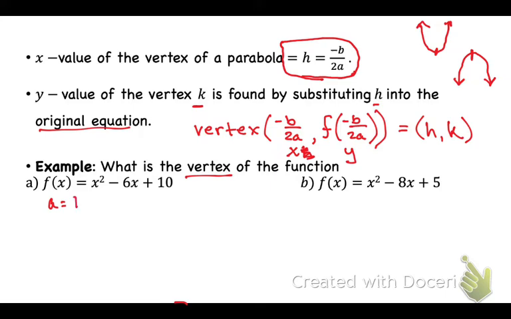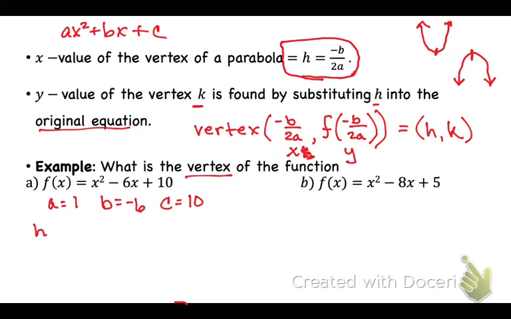What is b? Negative 6. ax squared plus bx plus c. What is c? 10.